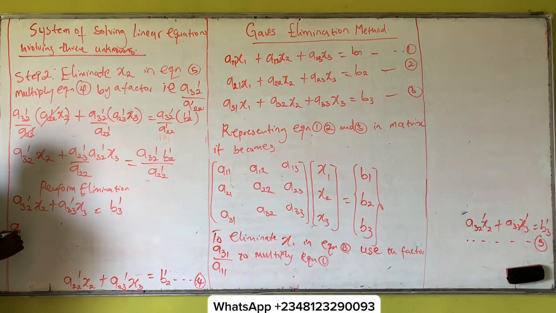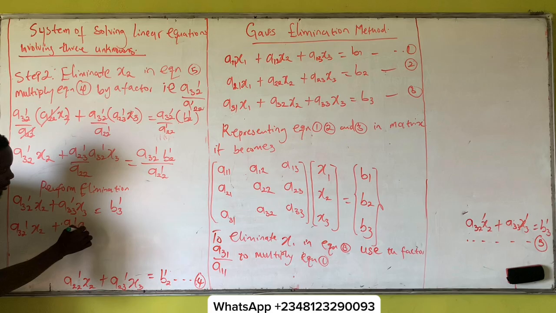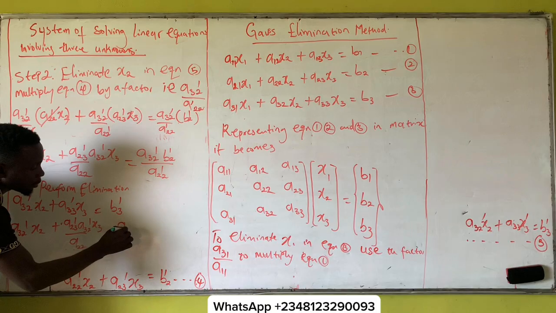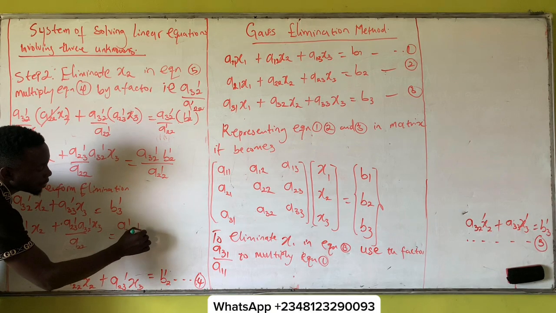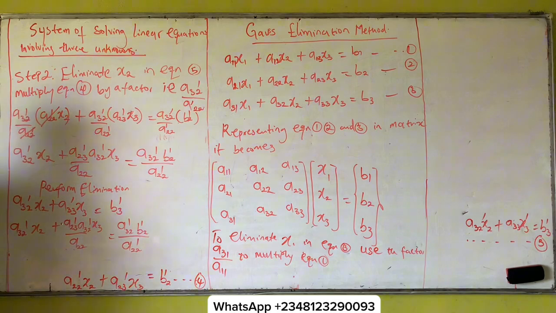So it becomes A32 prime x2 plus A23 prime A32 prime x3 all over A22 prime is equal to A32 prime B2 prime divided by A22 prime.